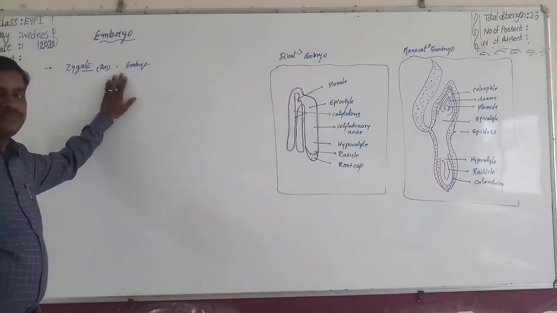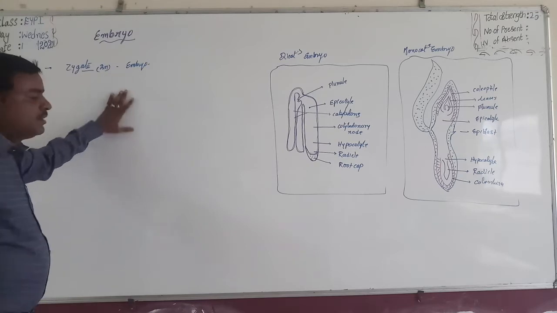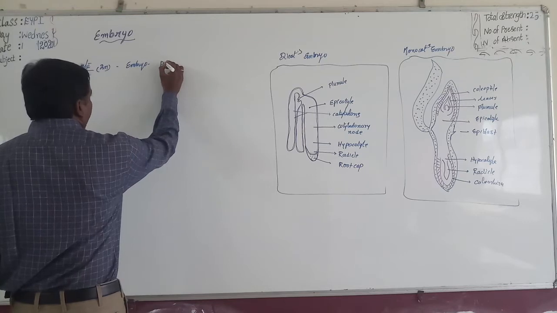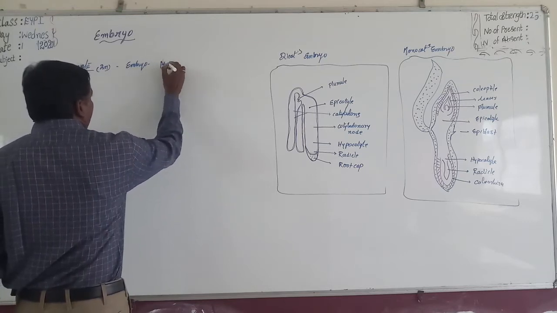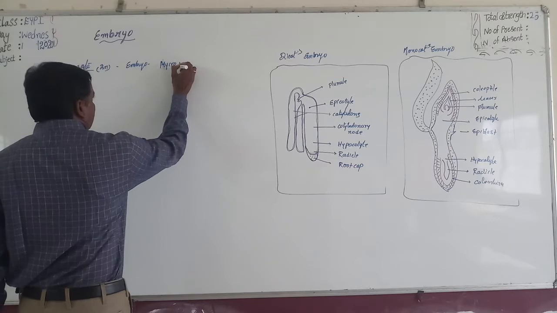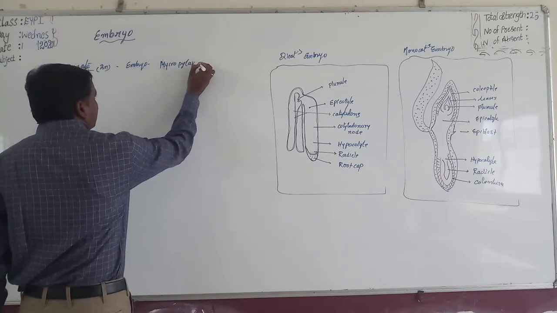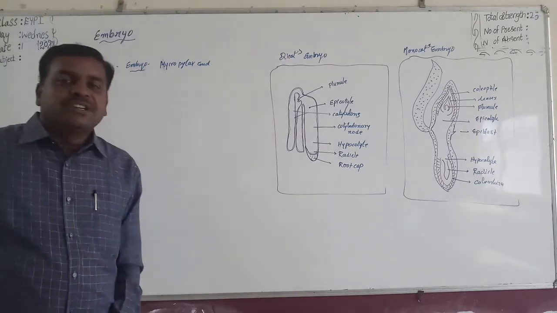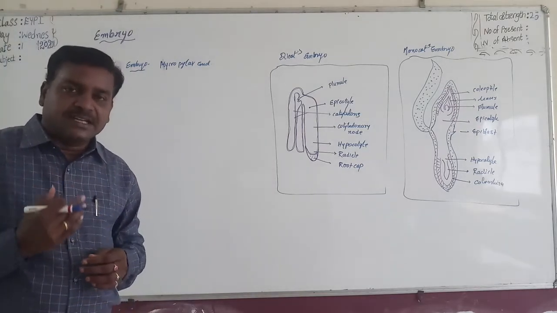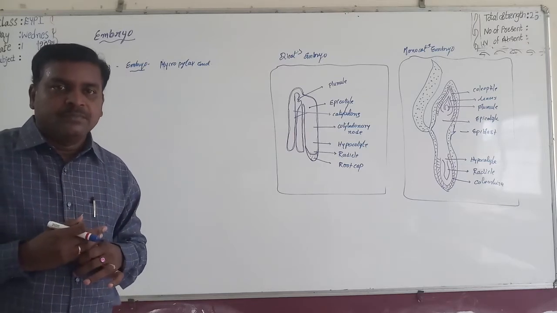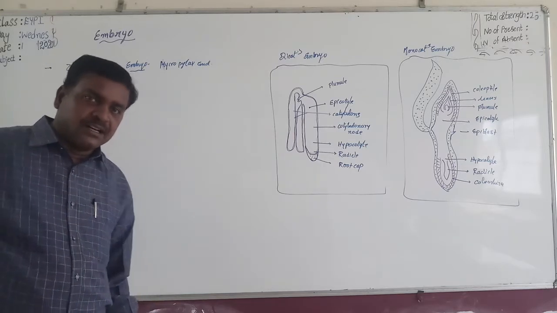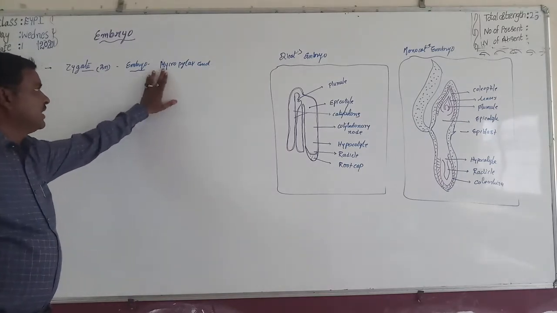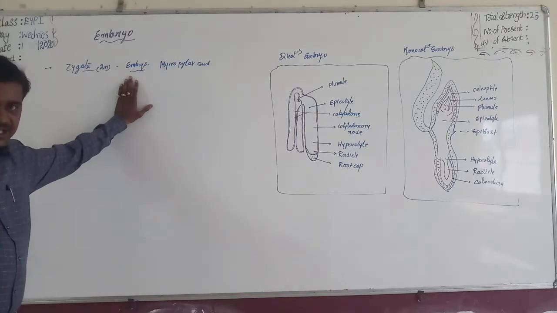The zygote is formed in the embryo sac, situated towards the micropylar end, because towards the micropylar end the embryo sac contains the egg apparatus, and the egg is present at the central part of the egg apparatus.